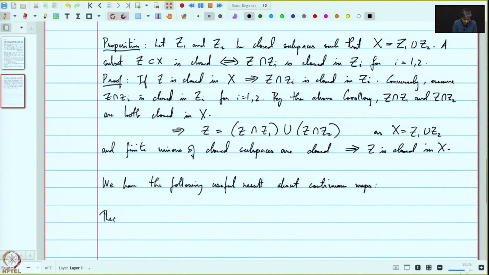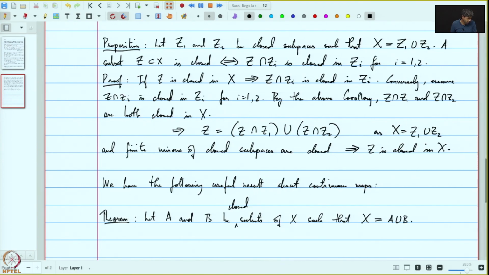So theorem: let A and B be closed subsets of X such that X is the union of A and B.